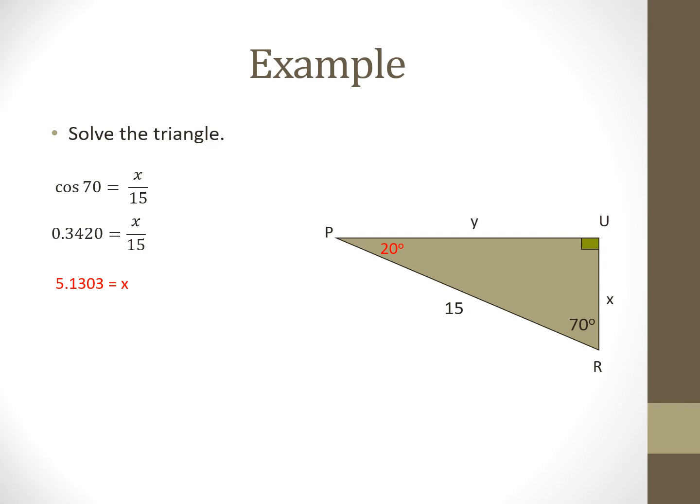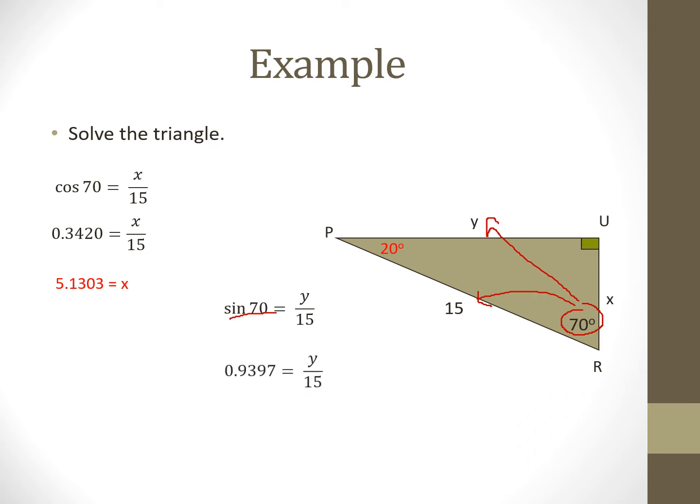Now you have to ask yourself, how does the 70 degrees relate to the y and the 15? Notice the y is the opposite and the 15 is the hypotenuse. So opposite and hypotenuse means we're going to use sine. Sine of 70 is equal to y over 15.